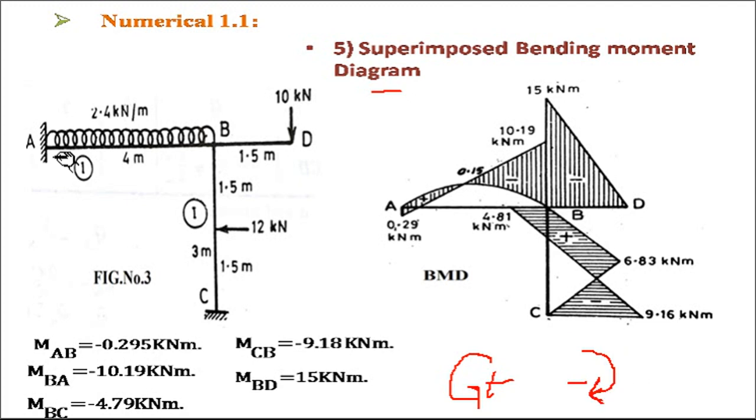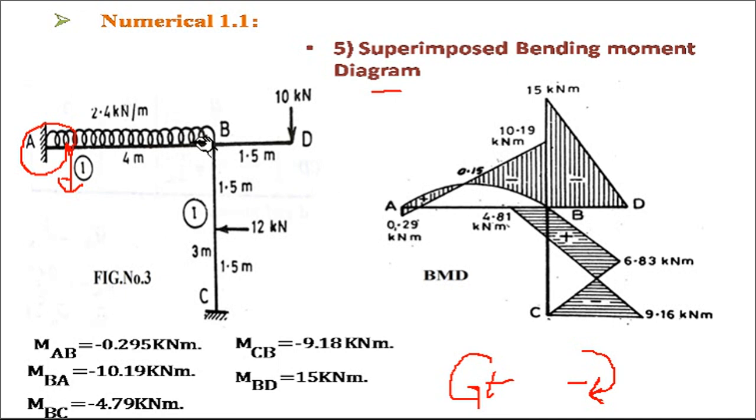So you have to keep the pen in between member AB and rotate the joint A in clockwise direction, as the moment is negative, and it should cut the line once. That means this moment is acting downward.